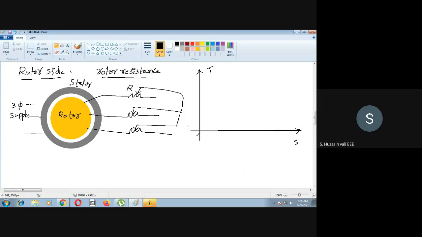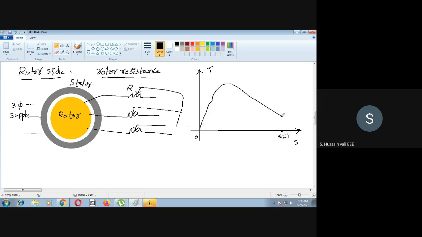Here 0, I will take it as 1. Up to this, there's a motoring condition. Up to the motoring condition we'll discuss; beyond that we'll see. So what is the graph if you recall? Something like this, you'll get the graph here.